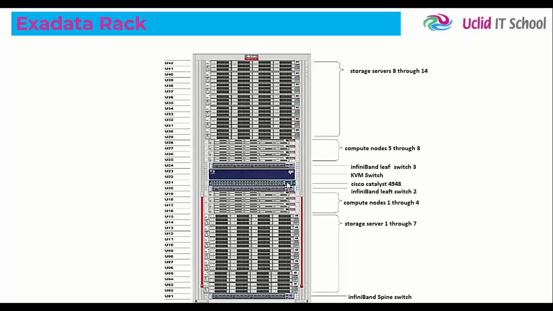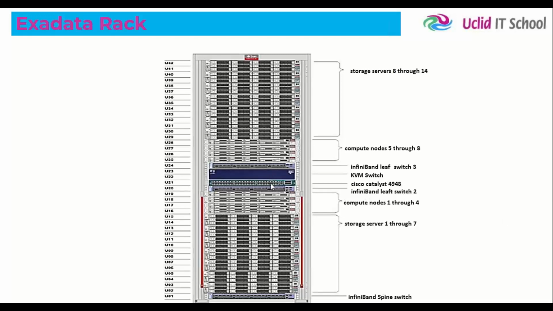Then below the KVM switch, you have the administration switch, a Cisco Ethernet switch. Then below, you have an InfiniBand switch. Above the KVM switch, you have an InfiniBand switch. The InfiniBand switch interconnects all the servers inside. So Oracle uses InfiniBand networking technology. So you have InfiniBand switches below and above your KVM and administration switch.